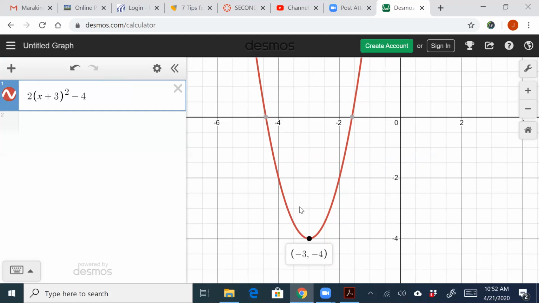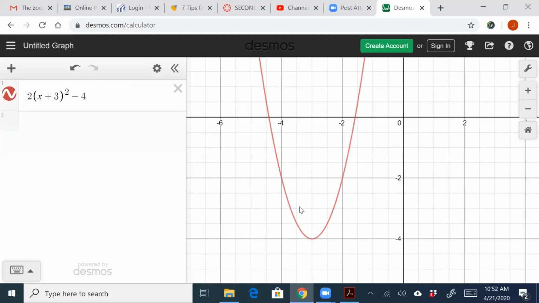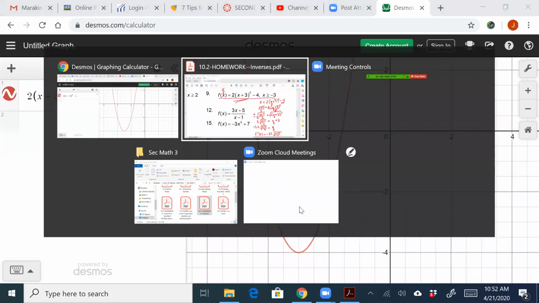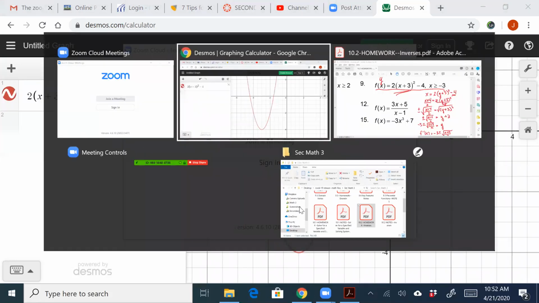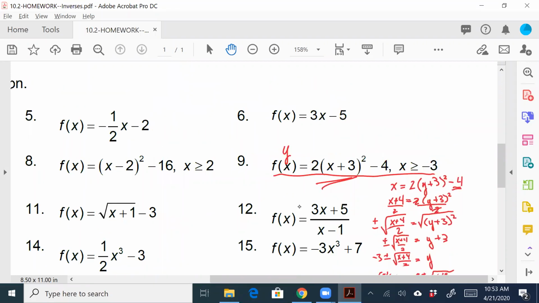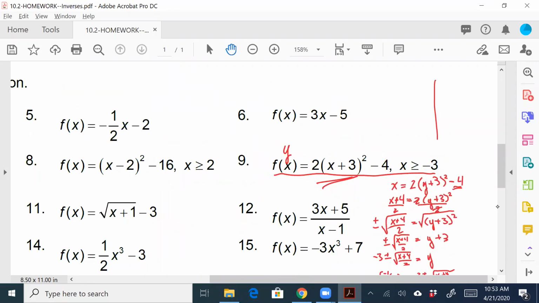So I don't know if I can draw on this. I can't. Let me just move off to the side here for just a second. If the equation itself only looks sort of like this, because it only includes the values to the right of the vertex, the reflection would be like this.